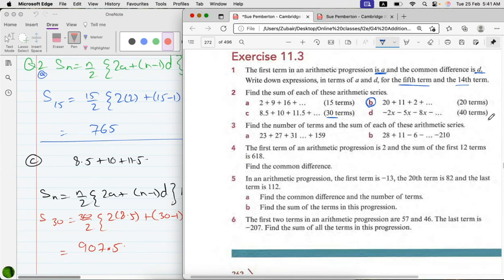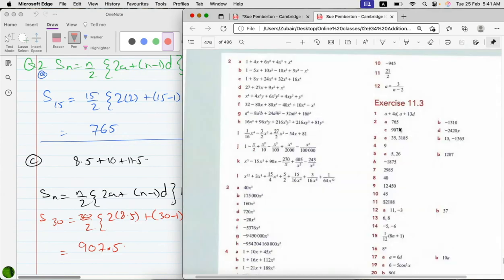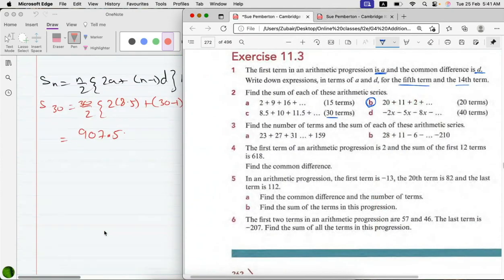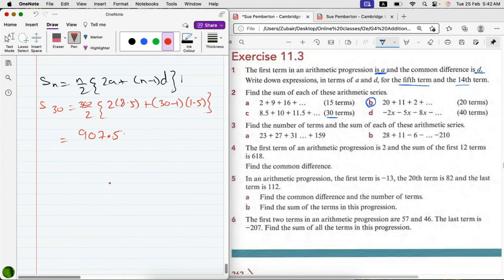I'm getting 765. Hmm. This is 1310. Oh wait, I think I plugged in the wrong one. Let me just try it again.